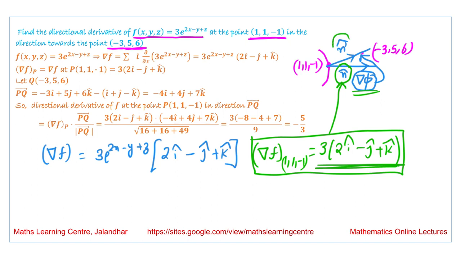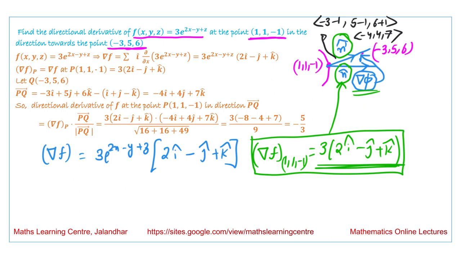Now we want to find its projection towards this line. We want the direction ratios: minus 3 minus 1, then 5 minus 1, and then 6 plus 1. So we get minus 4, 4 and 7.